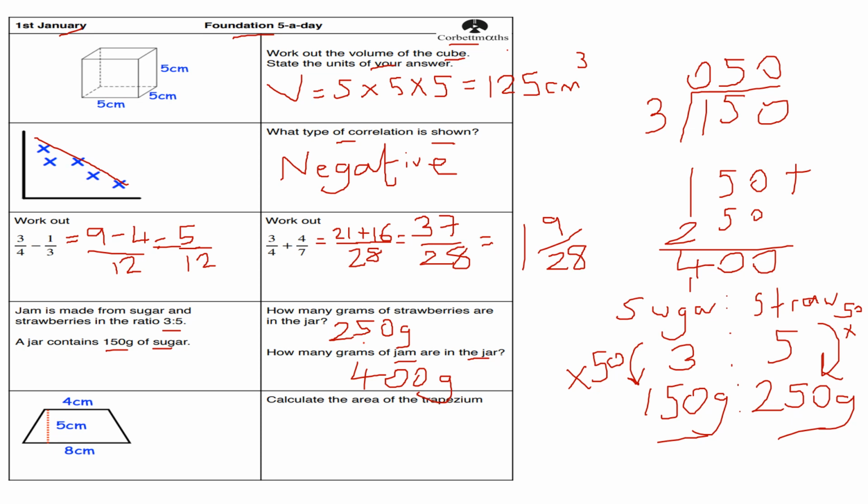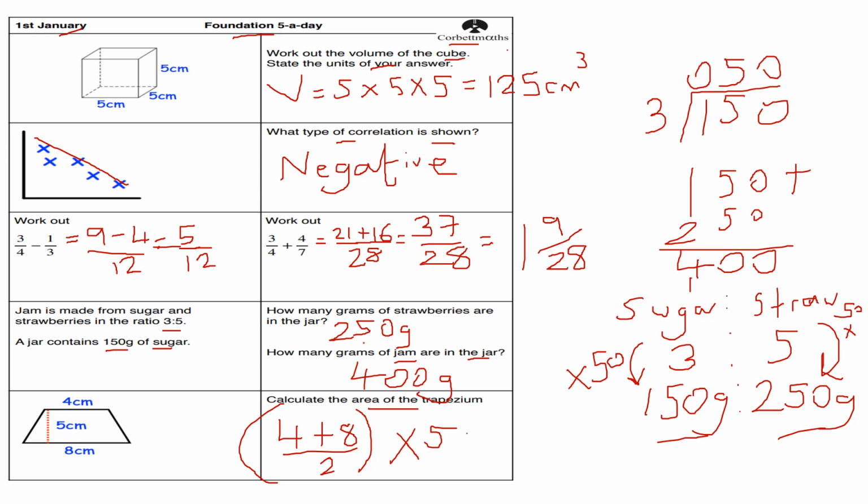This next one, calculate the area of the trapezium. That is equal to the sum of the parallel sides added together and then you half it. And then we multiply that by the perpendicular height. So it's half lots of a plus b times h, where a and b are parallel sides.